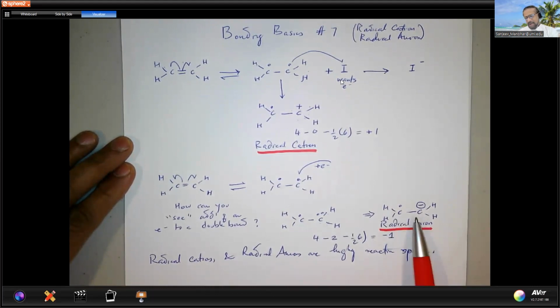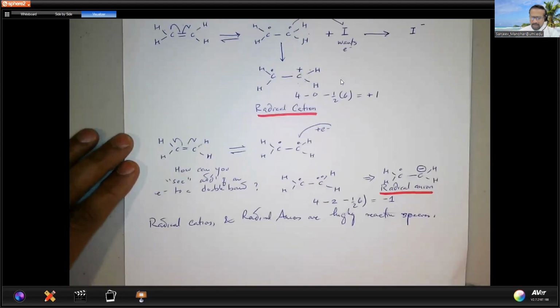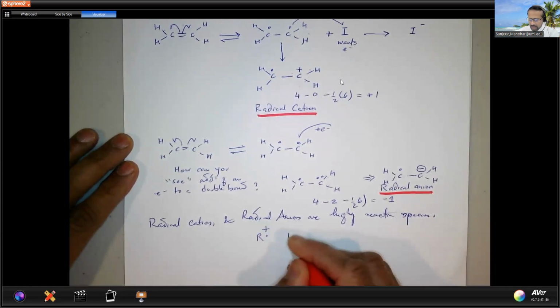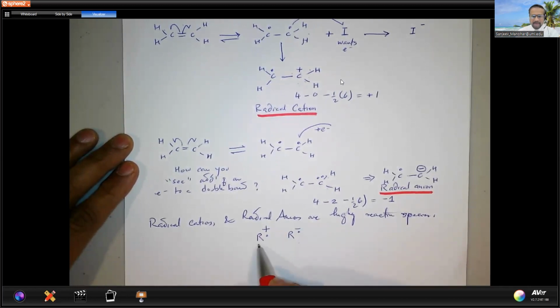A radical anion is a radical that has a negative charge, both a radical and a negative charge. So it is important to keep this in mind. A radical anion and a radical cation are represented sometimes like this and sometimes like that. This R is just anything.